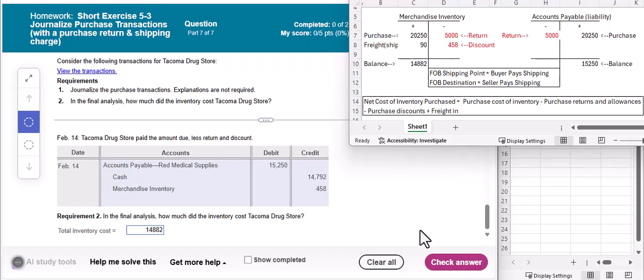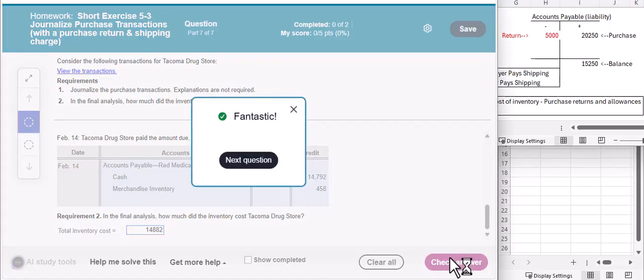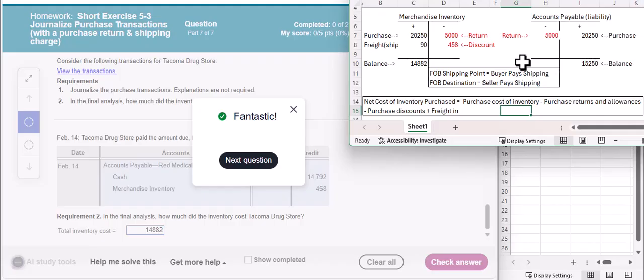So that is it. We'll check our answer. And then if you really wanted to be a completist here and complete this exactly, you would post the $15,250 as a debit to accounts payable to zero out accounts payable since we paid that off.